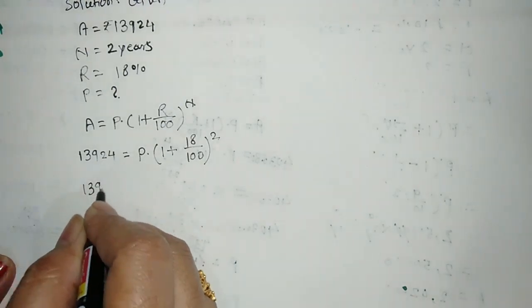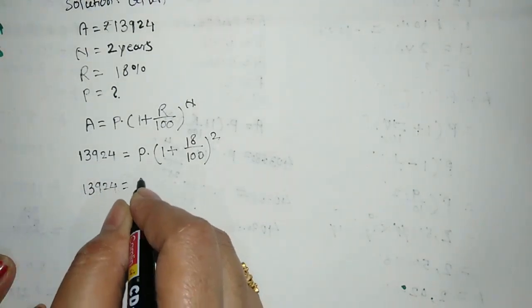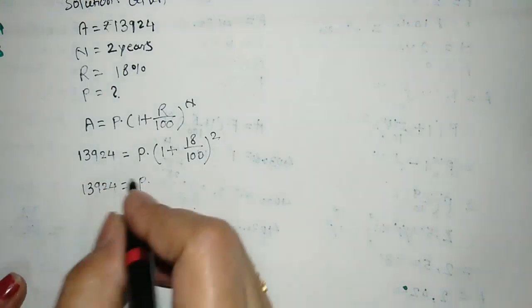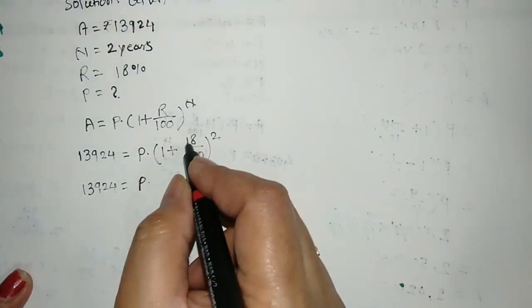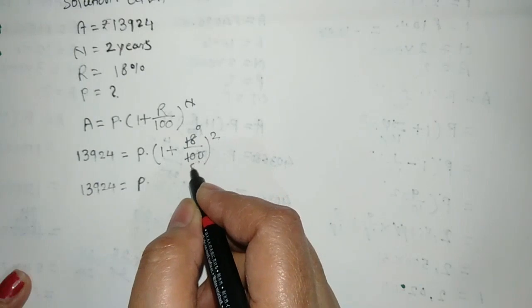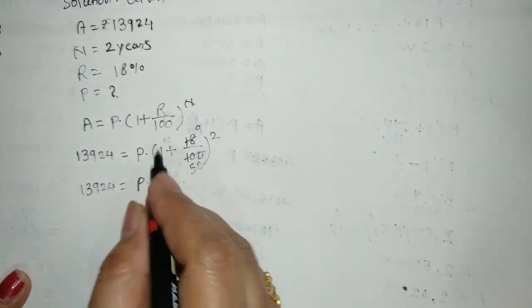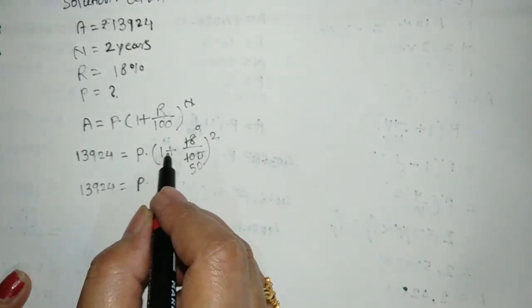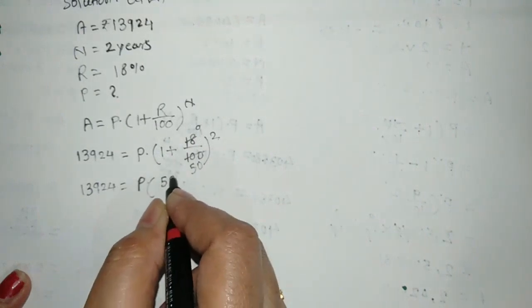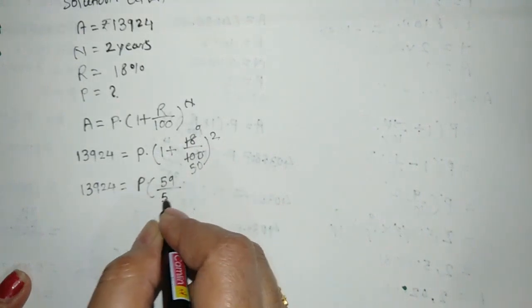So 13,924 as it is. P also as it is. Take the reduction here. 2 9s are 18, 2 50s are 100. So 50 ones are 50 plus 9, 59 upon 50 raised to 2.